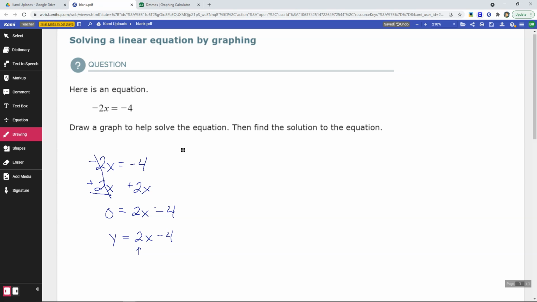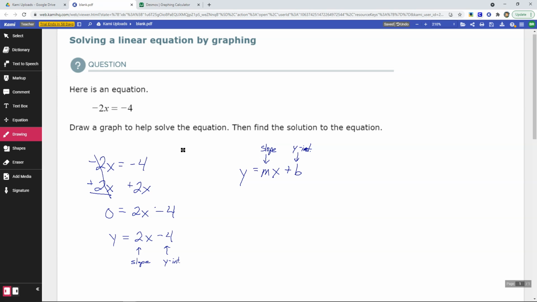y equals mx plus b, remember, is our slope-intercept form of an equation, where m is the slope and b is the y-intercept. So 2 is our slope, and negative 4 is our y-intercept.